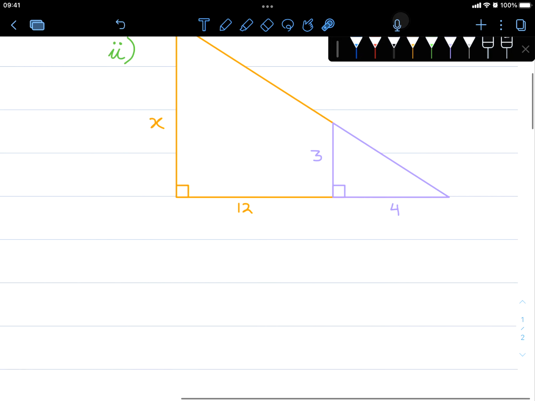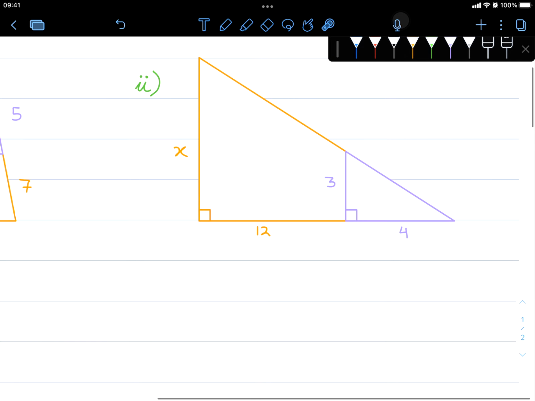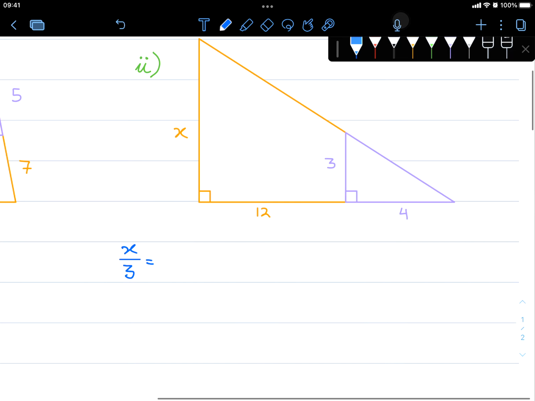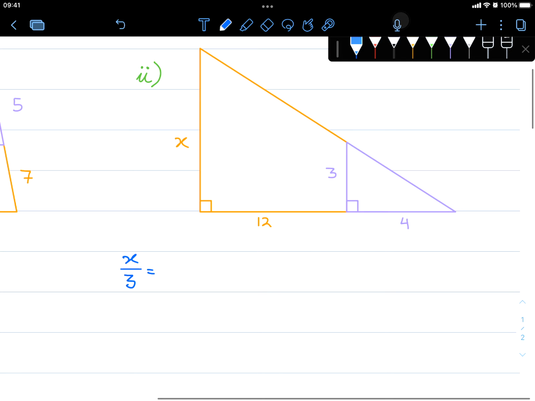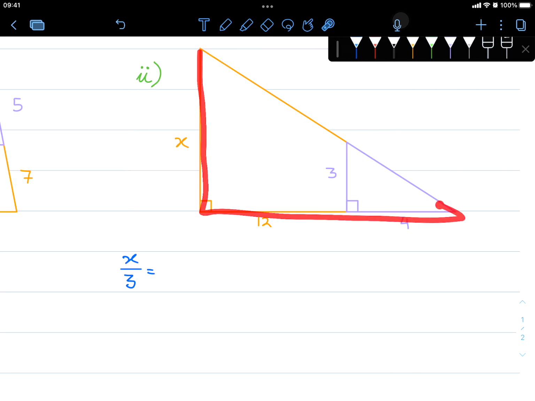So let's try it again here. We're looking for X. Okay, so X over the corresponding side. Well, in this case, X clearly matches with 3. Now the length that X has to work with, because remember, X is from the orange triangle. So there's the orange triangle there.